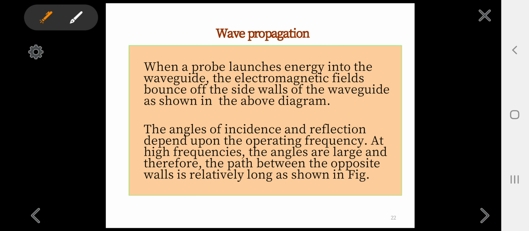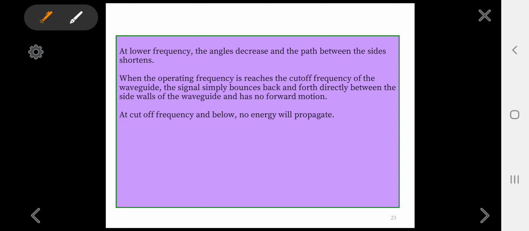So just remember, the angle of incidence and reflection depend upon the operating frequency you are using. Suppose you are using a high frequency; the angles are large in this case, and therefore the path between the opposite walls is relatively long, as shown in the figure. At lower frequency this angle decreases and the path between the sides is shortened.